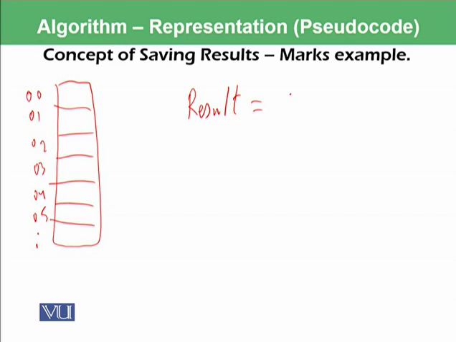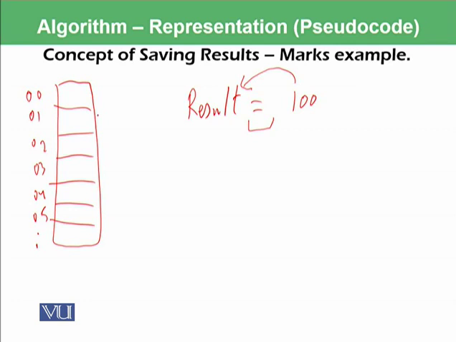is equal to 90. And here we will not say this is equal to, because in mathematics equal means equal. However, in a programming language, this is basically an assignment operator, and this means that this value is going to be assigned to result. And what is result?